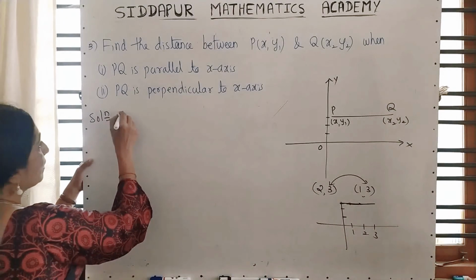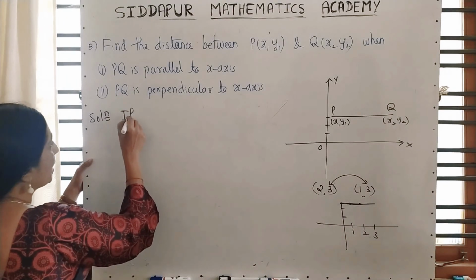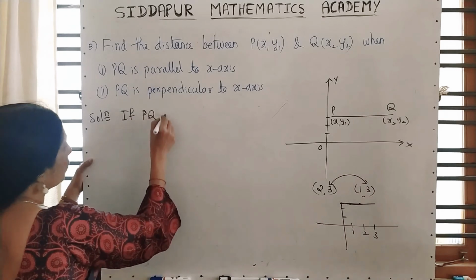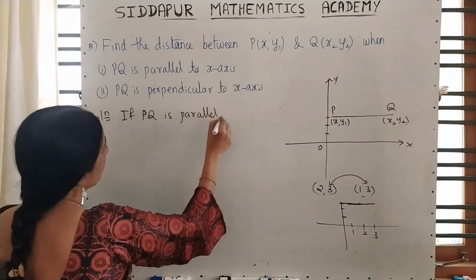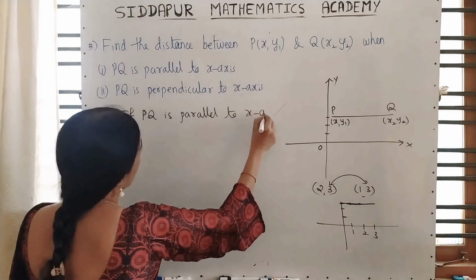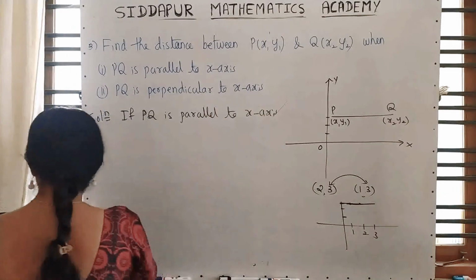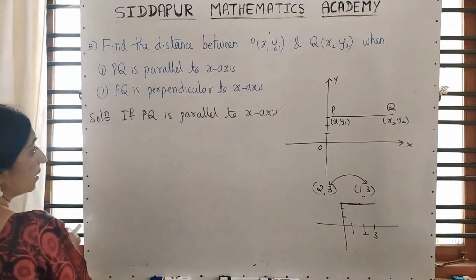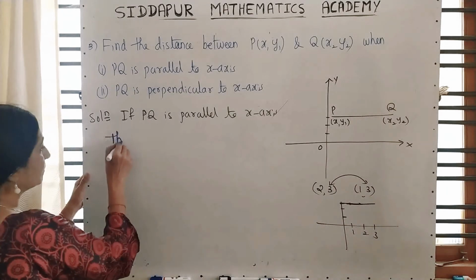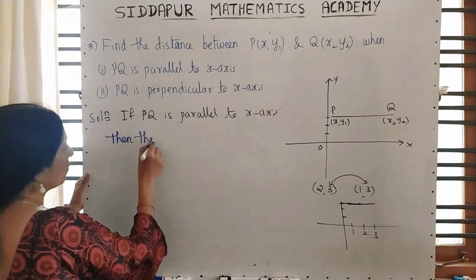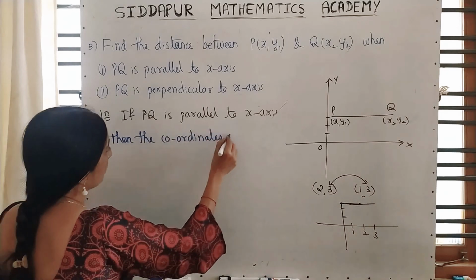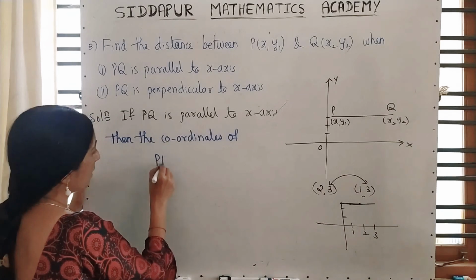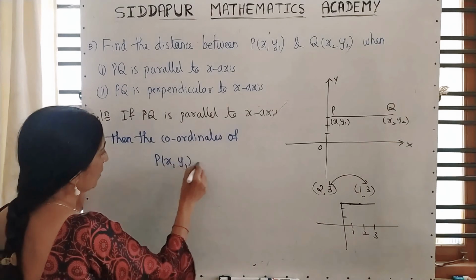That means if PQ is parallel to x-axis, then you are getting the coordinates. How you get the coordinates? Then the coordinates of P, P is (x1, y1).